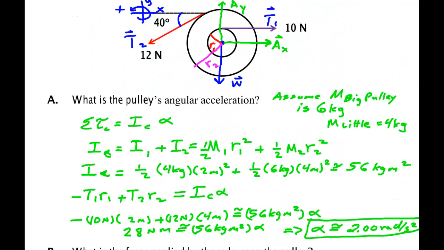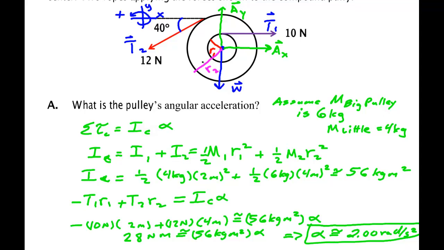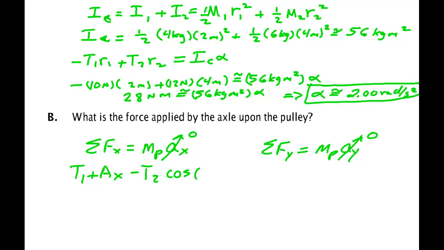That angle was 40 degrees. We're looking at cosine, this side, and it's in the negative direction. And that's 0. So AX was equal to minus T1 plus T2 cosine 40 degrees.